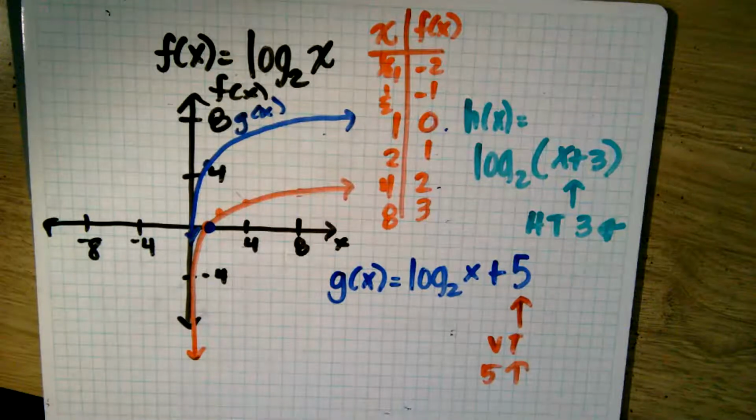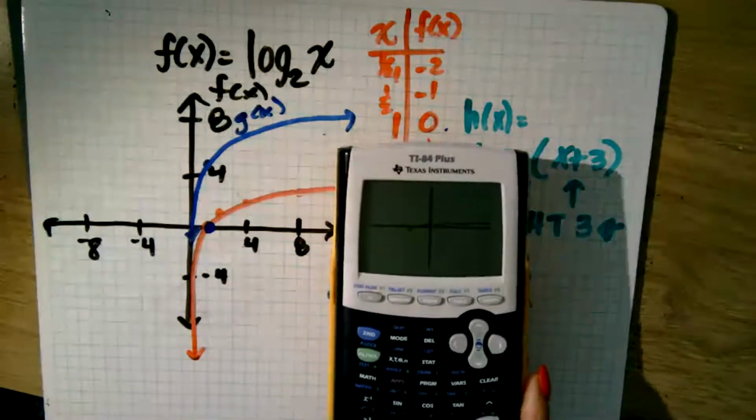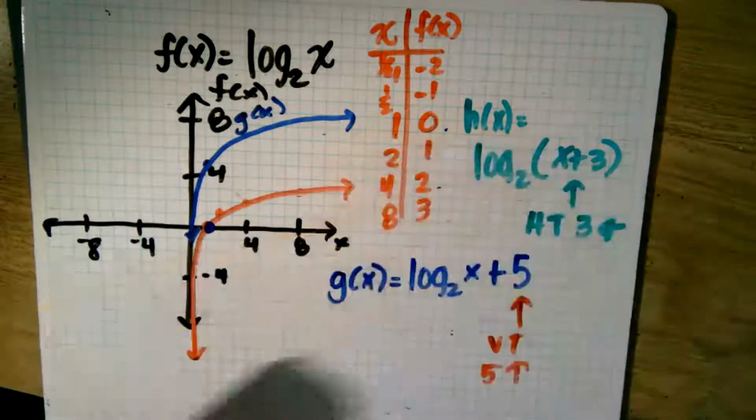So there we go. If you can see, my function is going to be 3 to the left.